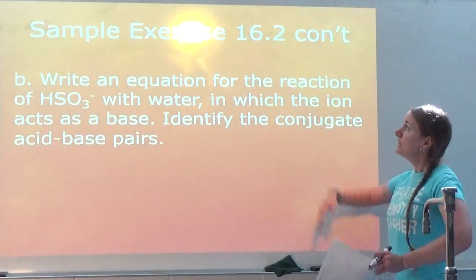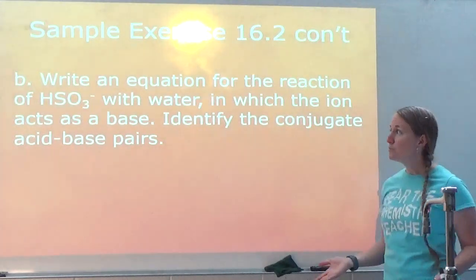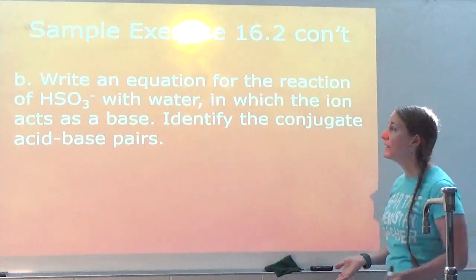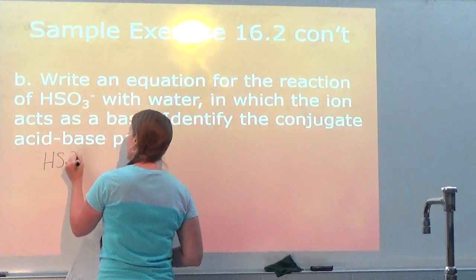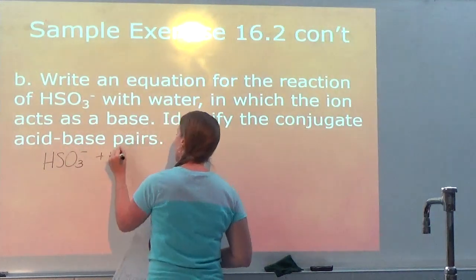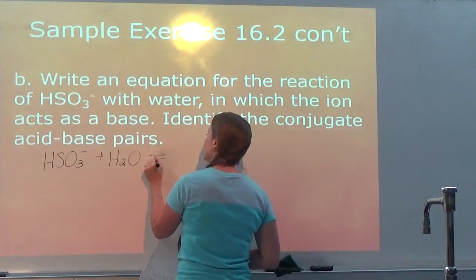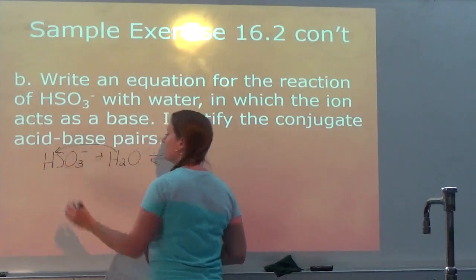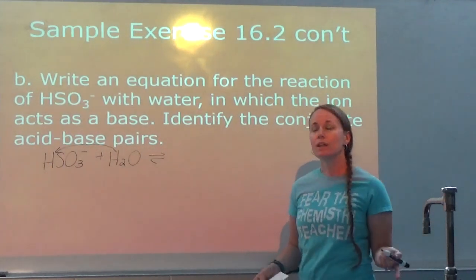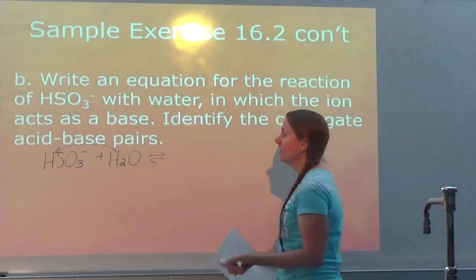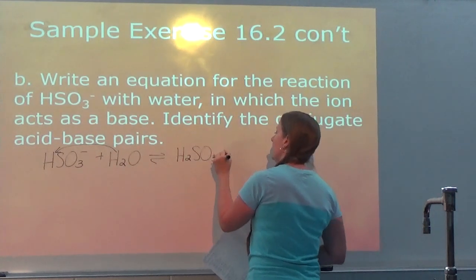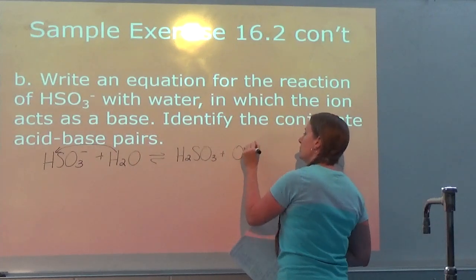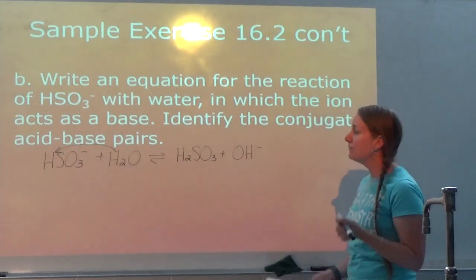All right, so the other part says to write the same reaction but pretend like the HSO3 negative is acting as a base. So I start out with HSO3 negative. I'm going to add water again. But this time it's going to act as the base, which means water is going to donate a hydrogen to the HSO3 negative ion. So that means it's going to become H2SO3, and when water loses a hydrogen, it just becomes hydroxide, OH negative.